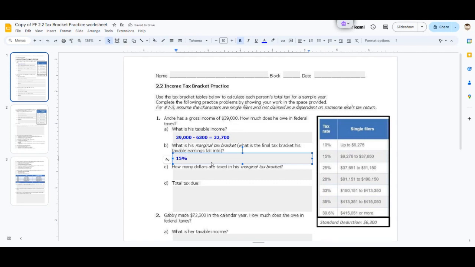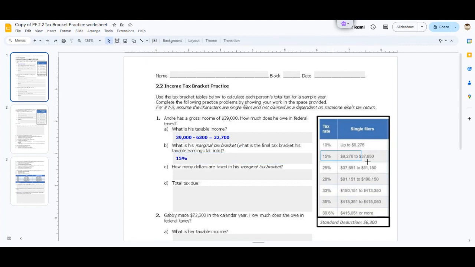Now, going back to the misconceptions, one misconception is that because he falls in the 15% range, all of his earnings are taxed at 15%. And to take that a step further, if we didn't take into account the standard deduction, if we looked at 39,000, he would actually fall in the next range, the 25% range.